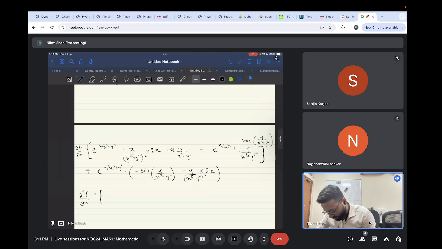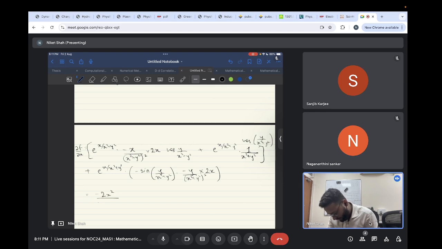There is no conceptual thing here. You just have to brute force do it. Maybe before that, I'll just simplify this a little bit so it looks more clean.